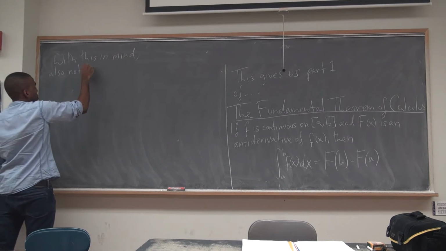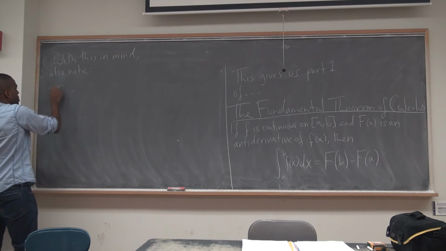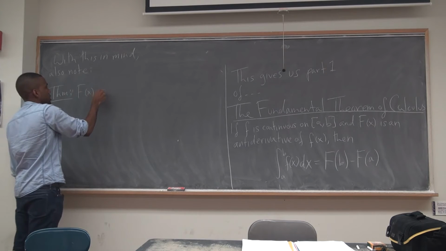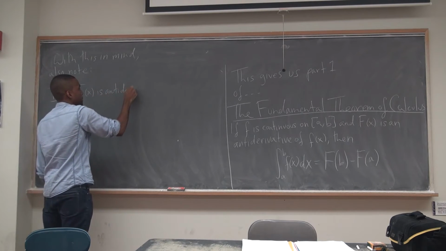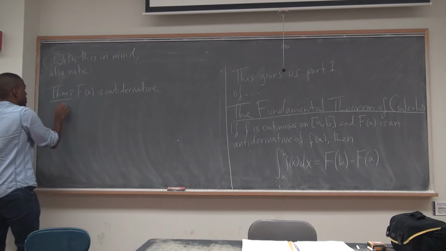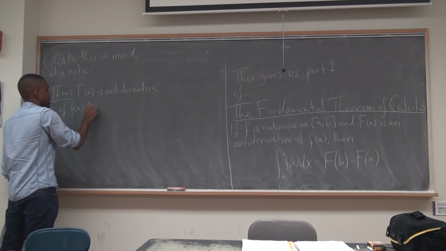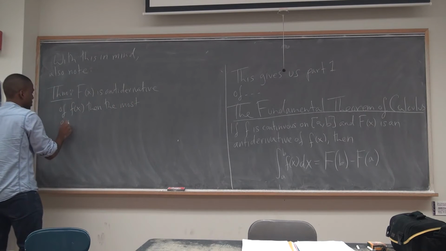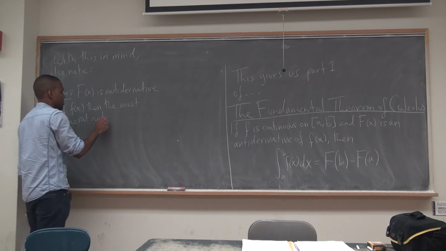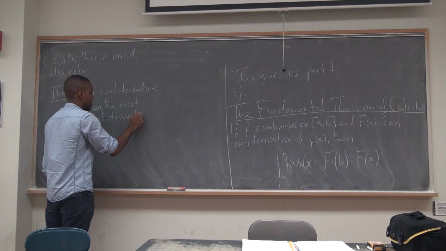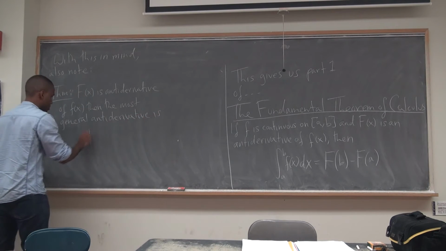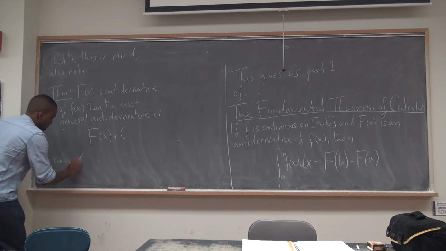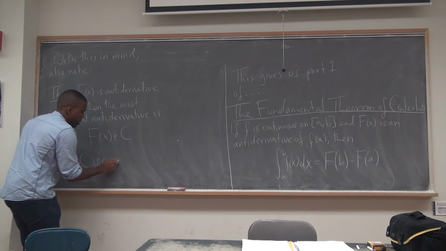Also note, and I gave you examples of this last time, there's a theorem that says if big F of x is the antiderivative of little f of x, then the most general antiderivative is F of x plus c, where c is an arbitrary constant.